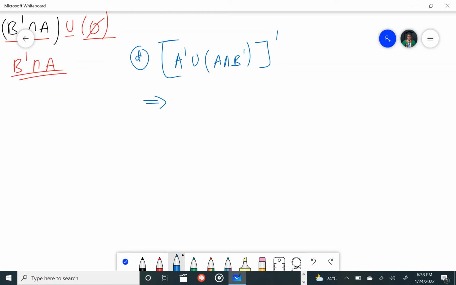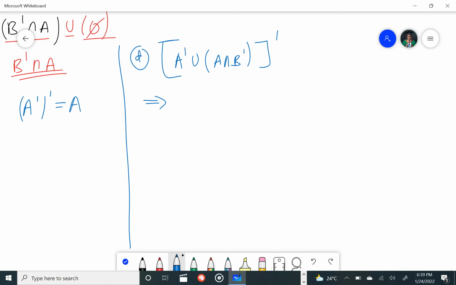So first things first, you've got a complement that's outside. What do you want to do? You want to distribute it, isn't it? And we know that whenever you want to distribute a complement, which law do you use? De Morgan's law. So A complement, remember those laws we discussed, A complement complemented again is going to be A, isn't it?